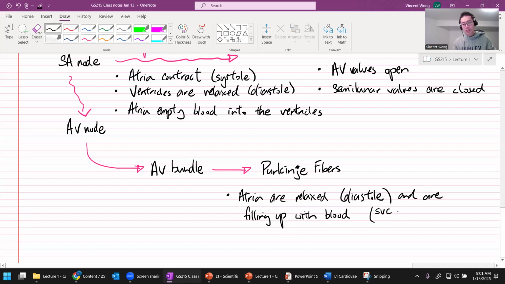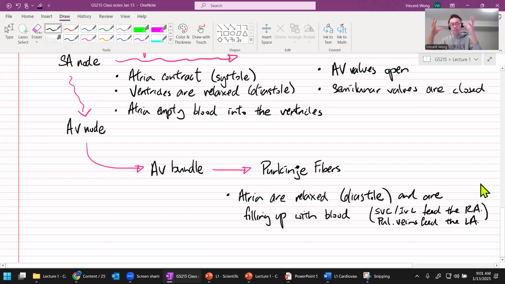So the superior vena cava and inferior vena cava feed the right atrium, whereas the pulmonary veins feed the left side. Okay? That's where the blood's coming from for each side. It's filling up the atria.